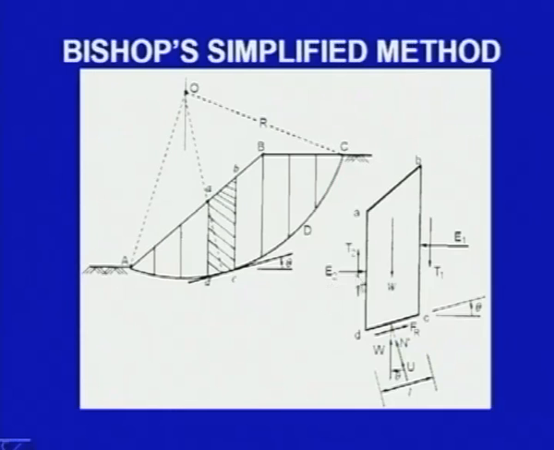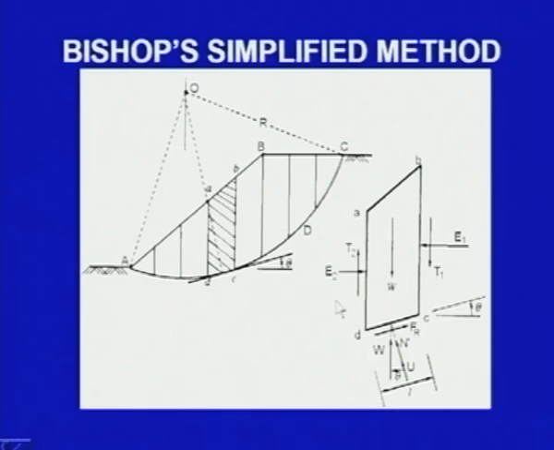So, E2 from this side and E1 from this side, these are the normal forces, and T1 on this side and T2 on this side, these are the shear forces which are acting on the sides, and their signs will be opposite. T1 here is acting in this direction, so T2 will be in the opposite direction.